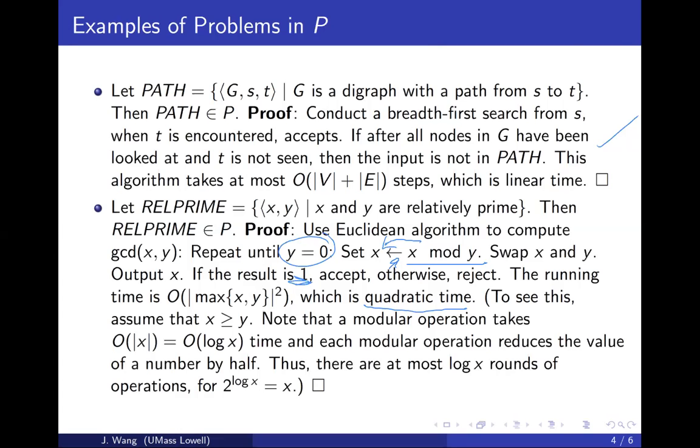Hence there are at most log n rounds of operations. Each round, you take the modular operation, which is log x, and then swap x and y. So this is polynomial time.